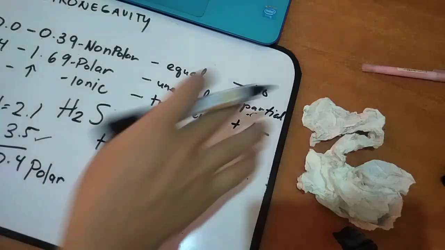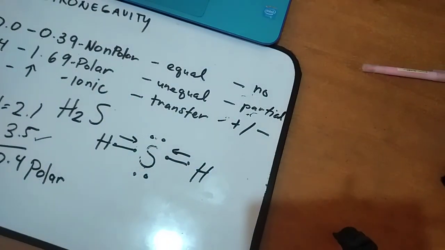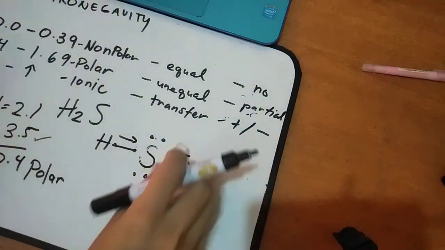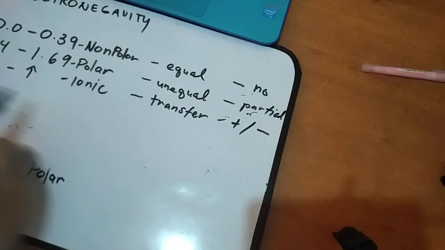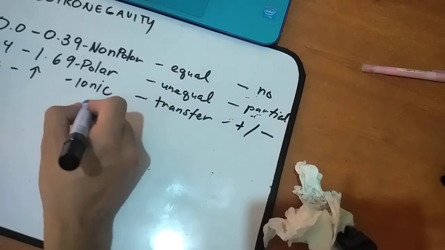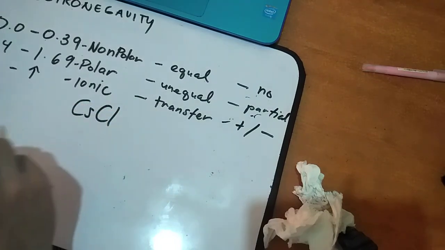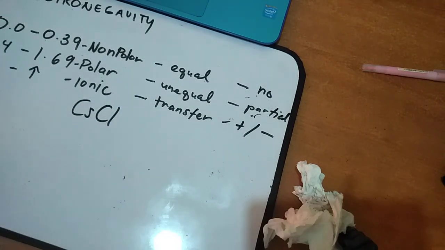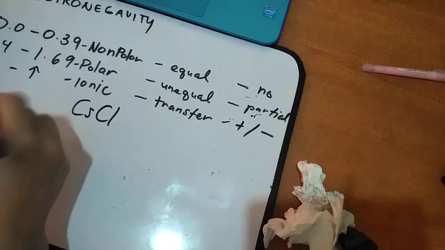So, that is for electronegativity. So, try naman tayo ng isa pa. CsCl. So, cesium chloride. Let's try to see. Ano ba ang electronegativity value ng chlorine?